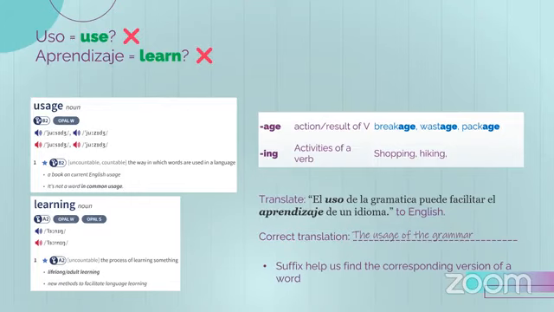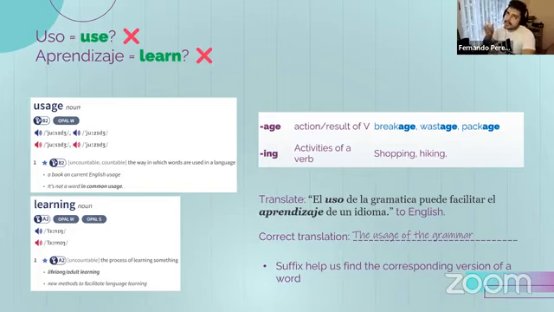Or maybe it's much better "the grammar." No, we only do the complex noun transition when you talk about possession.